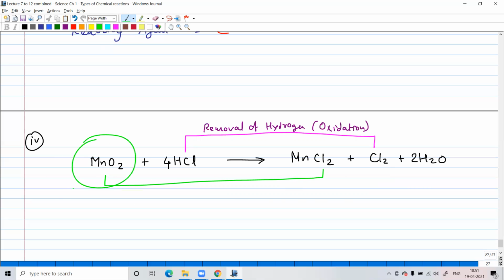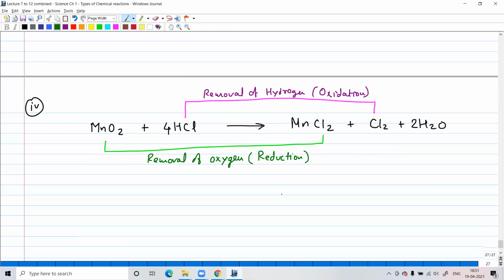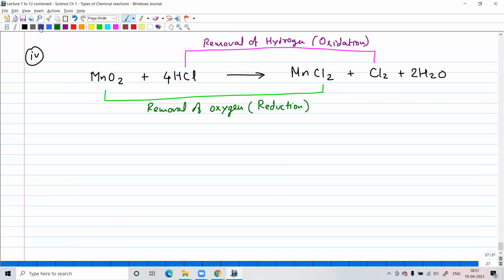But here, at least this we know that here it was manganese oxide and the oxide has been removed. So removal of oxygen, we call it reduction. So very quickly answer the four questions.